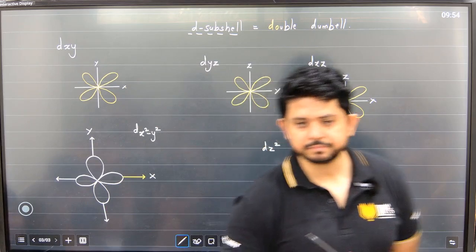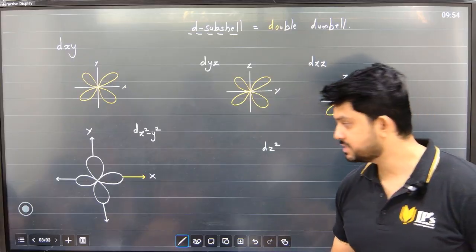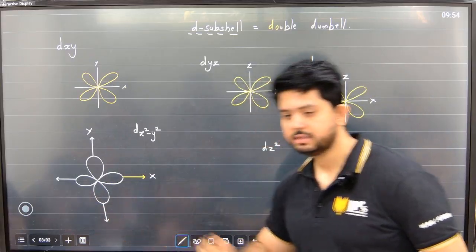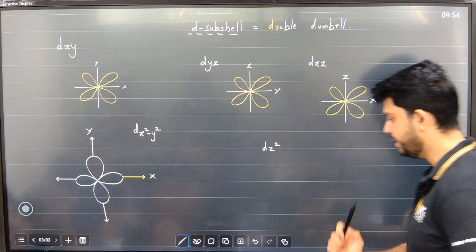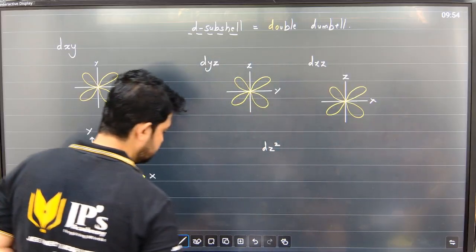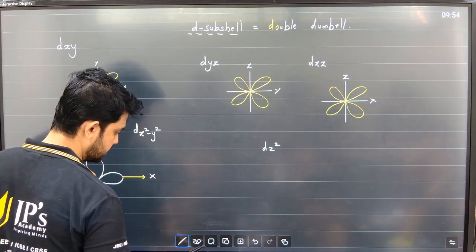Shape is same, but instead of being in between the axis, it is present along the axis. And the last orientation that we have is dz square. Dz square looks something like this.